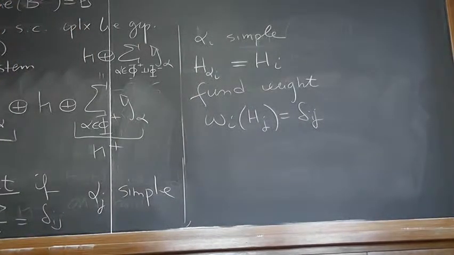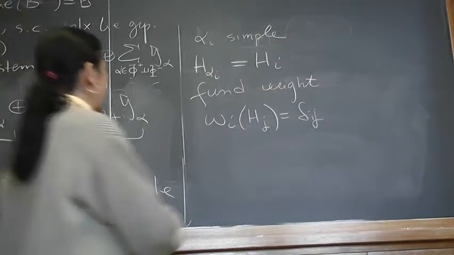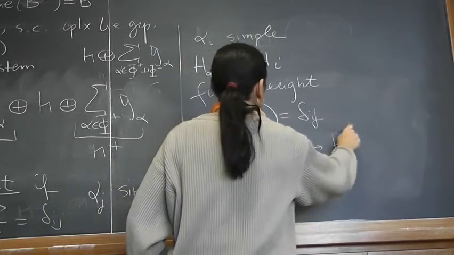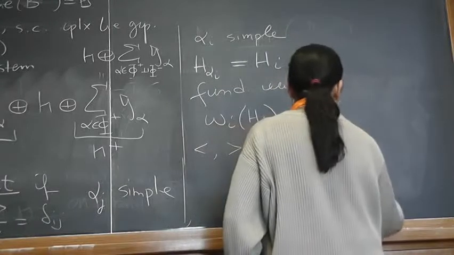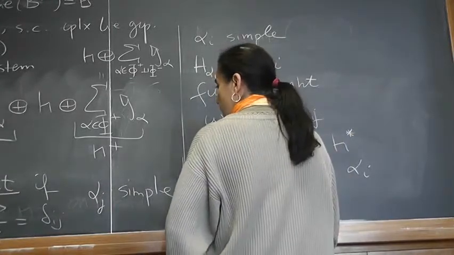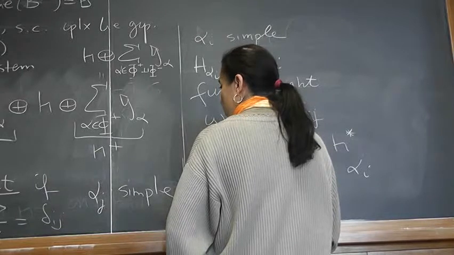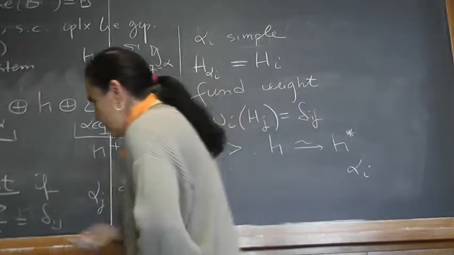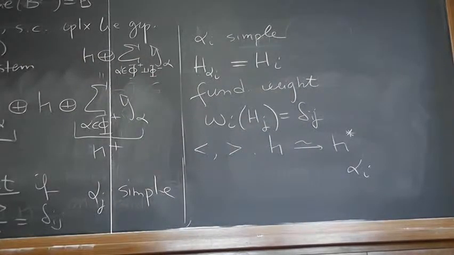Now, how is this related to that? It's related because the Cartan-Killing form establishes a correspondence between H and H star, in which a simple root alpha I is associated to, oh wait, it's a mess here, because I was just suggesting to give this definition. But one would like to know whether they're equivalent.